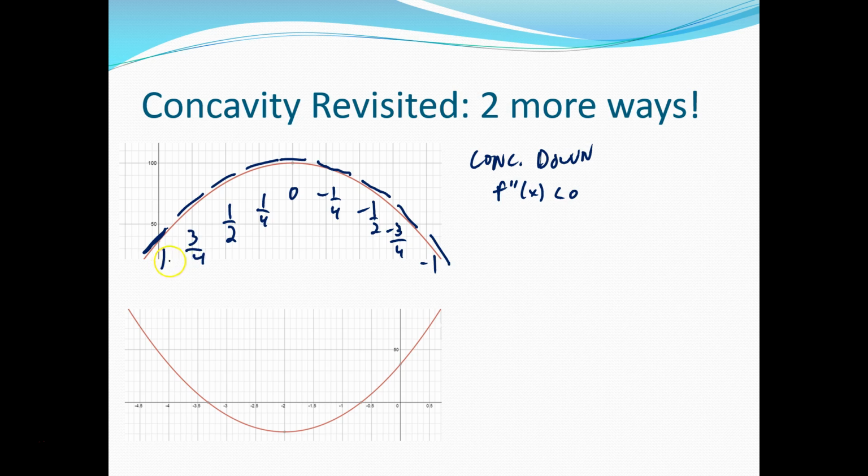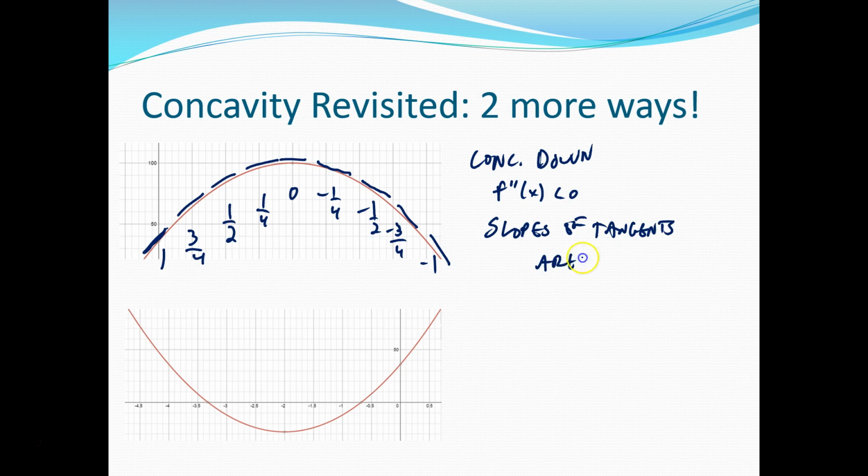What do you notice about these numbers? We started at 1, 3/4, 1/2, 1/4, 0, negative 1/4. They're decreasing. So the slopes of the tangents are decreasing.